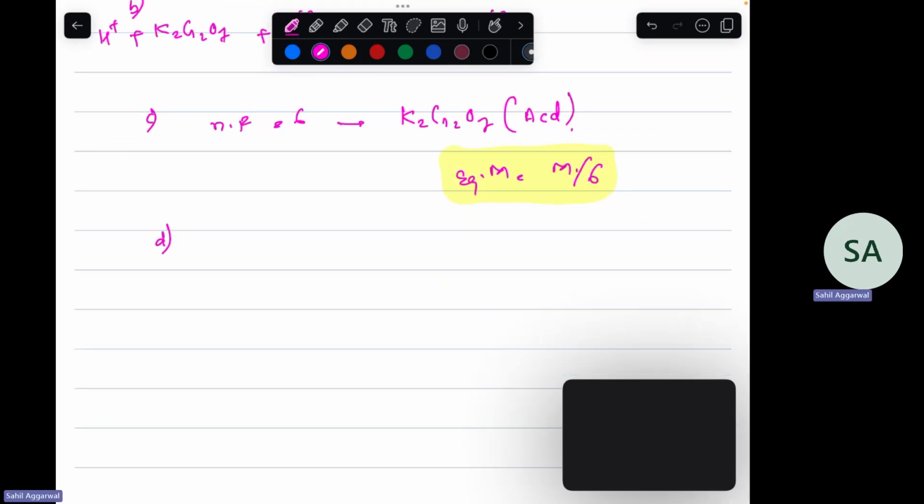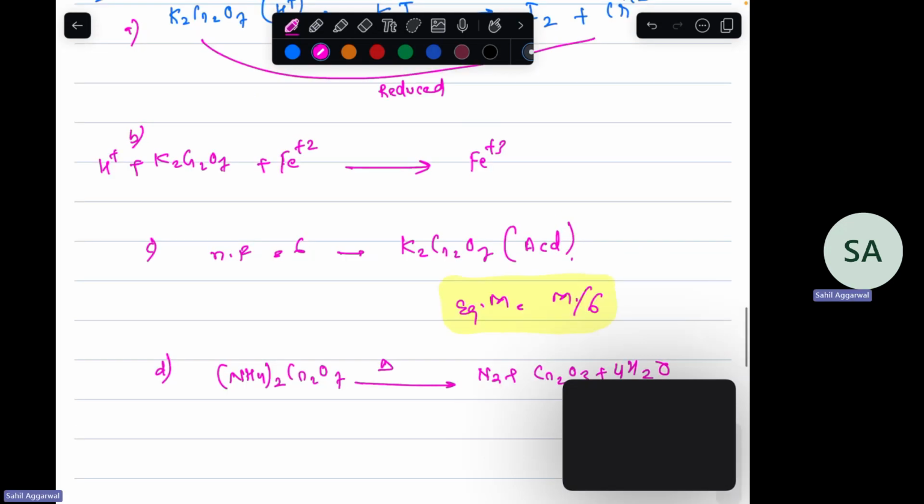D. On heating ammonium dichromate, yes, if we are heating, it must be an endothermic process only. All of them are correct.